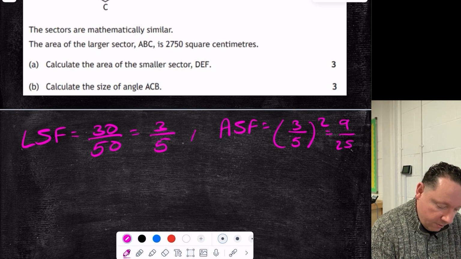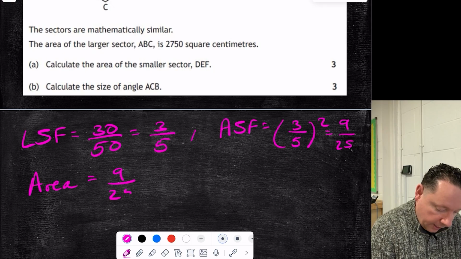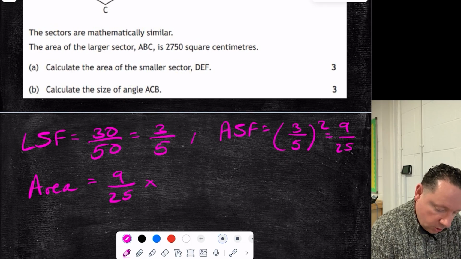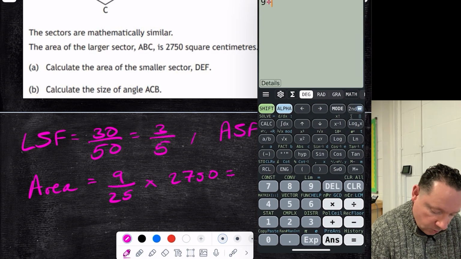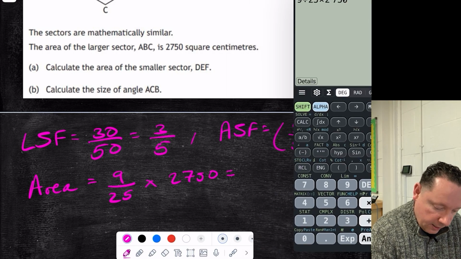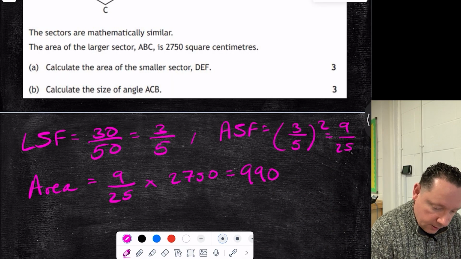So now to get the area of the smaller sector, we just take our scale factor and times by the area of the big sector, which is 2750. Now this is a calculator paper, so let's just do that. 9 divided by 25 times 2750 is 990. 990 centimetres squared. And we're done there.